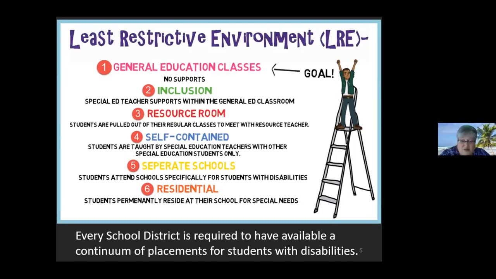We can talk about resource rooms. We can talk about self-contained classrooms within the regular school. But we also need to know about separate schools. We need to know about residential placements. We need to know about hospitals. We need to know about home instruction. Go ahead, Kara.